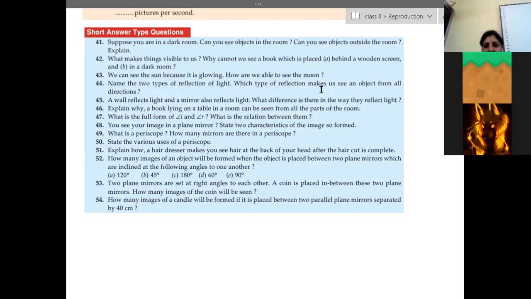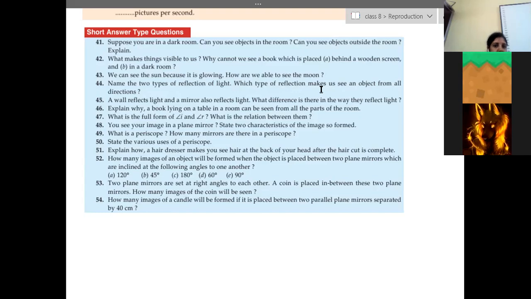Name the two types of reflection of light, and which type of reflection makes us see an object from all directions. Two types of reflection of light are regular and irregular, or diffused. Which type of reflection makes us see an object from all directions?